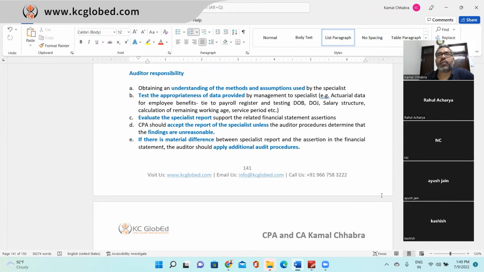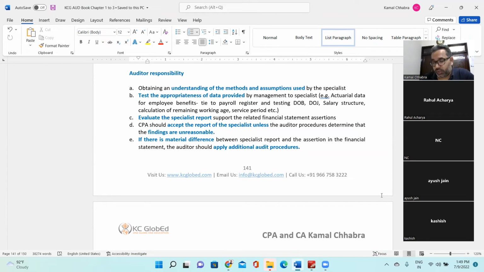So then you can discuss those things with management and the actuarial, understand what the difference is, and if needed, correct them. And probably sometimes you will get some adjustment entry to correct yourself as well. So it depends on the nature and situation.